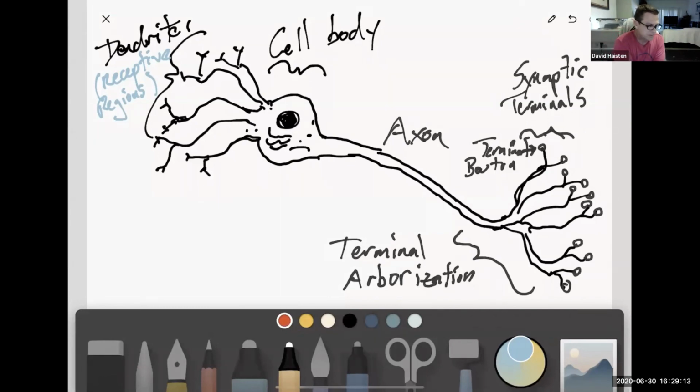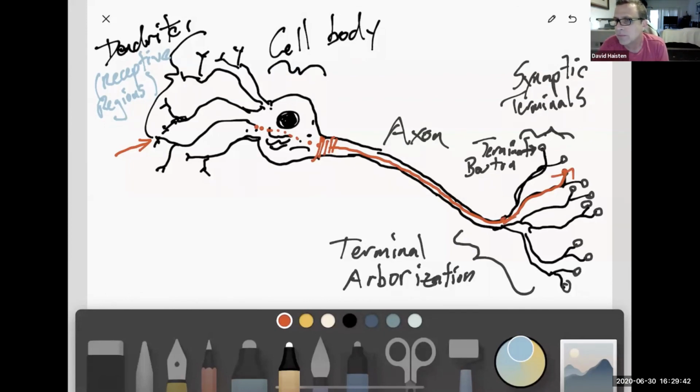So the receptive region, the signal from a prior neuron comes in here, moves through, and then blasts down this axon and out the synaptic terminals to whatever this neuron's touching.